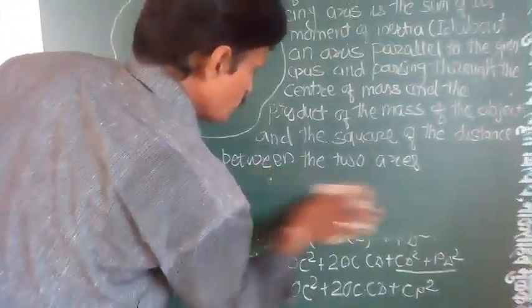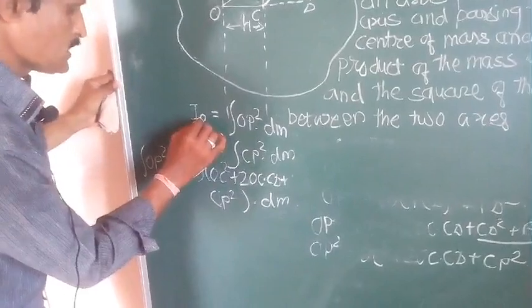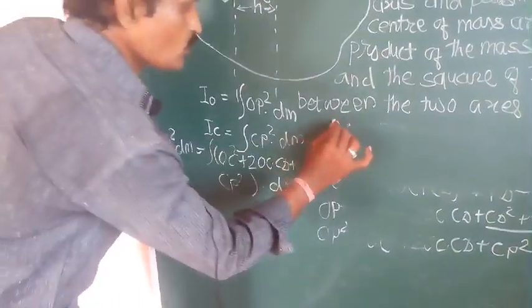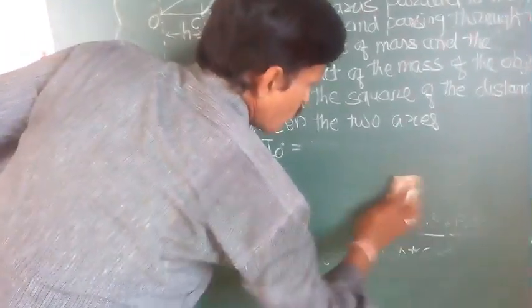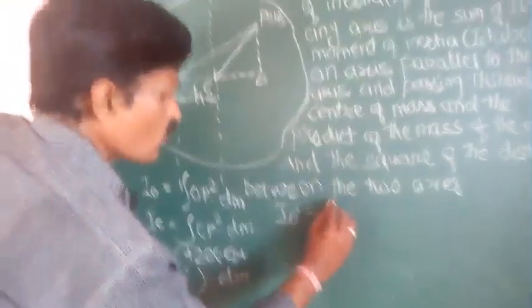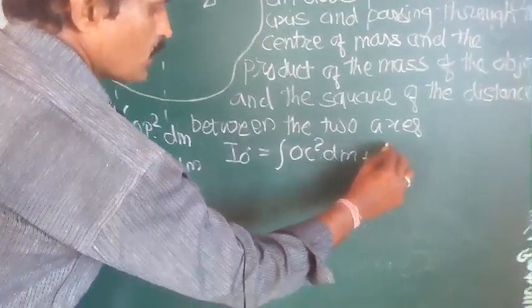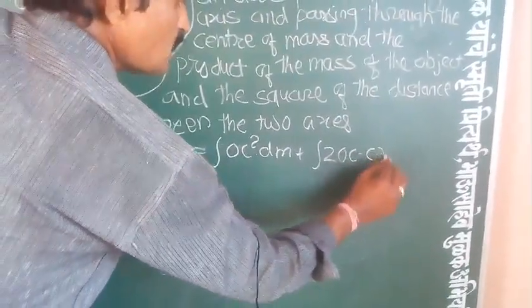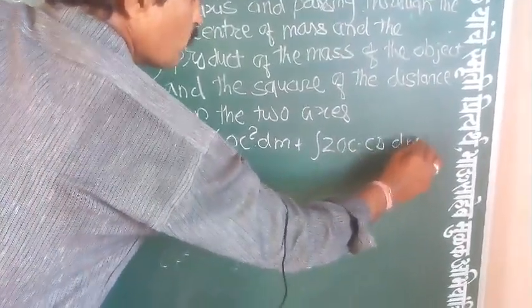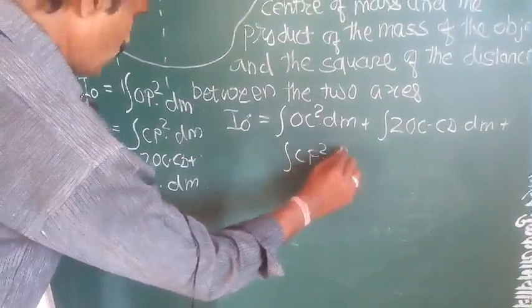Now integration of OP square dm is equal to IO. So IO is equal to, separating the integration of each term, integration of OC square into dm plus integration of twice OC into CD into dm plus integration of CP square into dm.